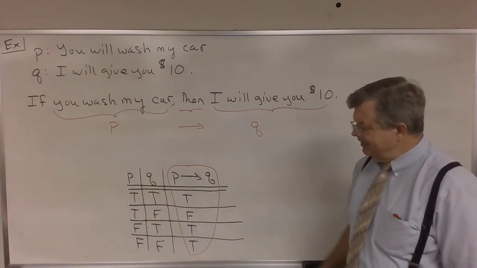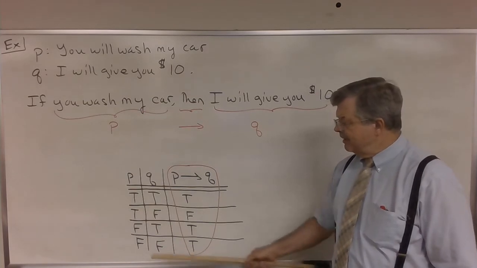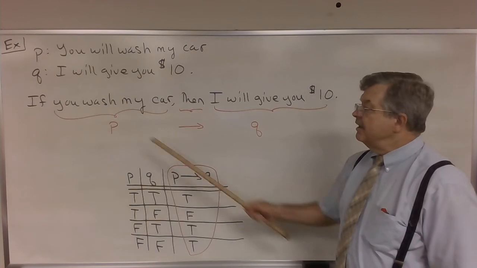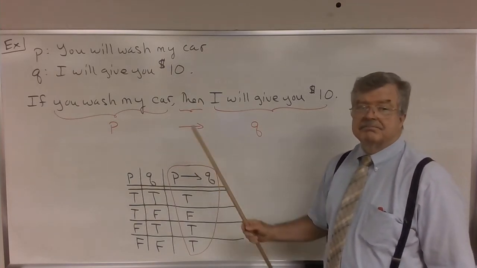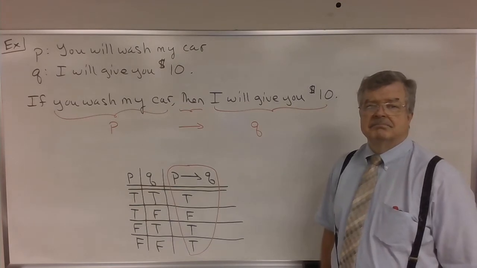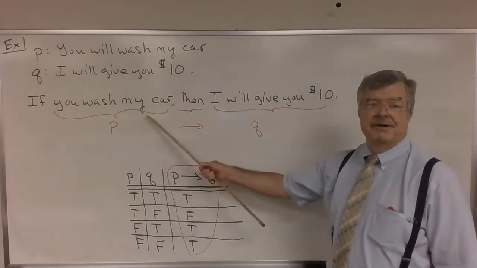Now, the last set of truth values. Both P and Q are false. You don't wash my car, and I don't give you $10. Are you mad at me? No. You weren't expecting to get the $10 because you didn't wash my car.